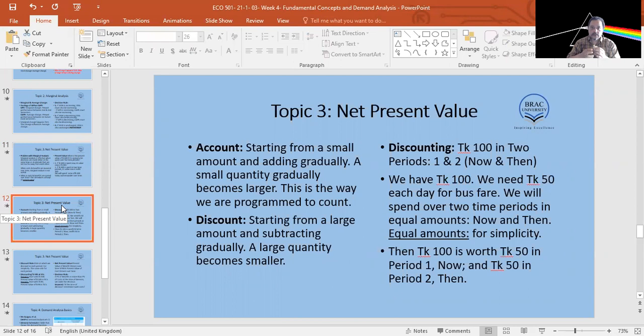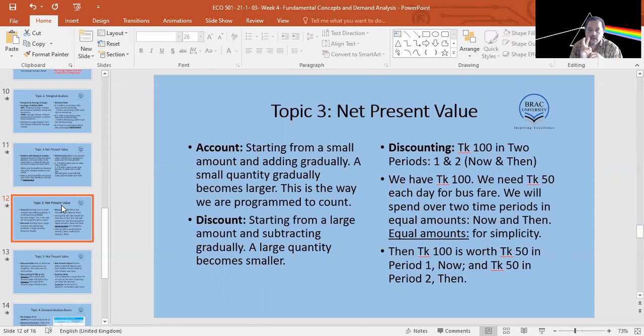We can start with 1000 taka and in every time period we can deduct 100 taka. By doing this, we are actually doing the opposite of what we are programmed to define as counting. We are discounting. That means we are starting with a large value and gradually deducting a particular amount from that large value. This in accounting sciences is known as discounting.